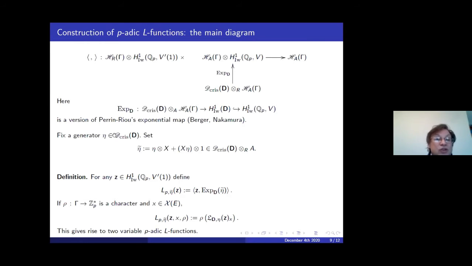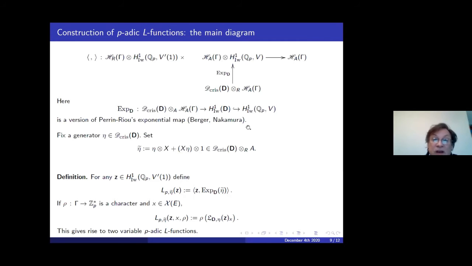So we choose some generator eta of D, and starting from this generator, we construct some explicit element, eta tilde, in the tensor product of D and A. So for any element zeta in this Iwasawa cohomology, we define the P-Adic L-function L P eta tilde zeta as the pairing of zeta with the image of eta tilde under the exponential map.